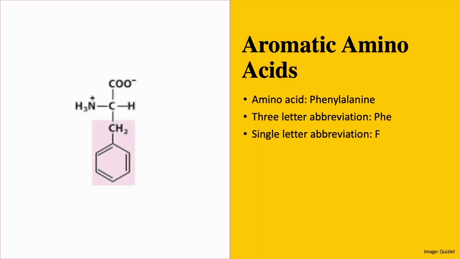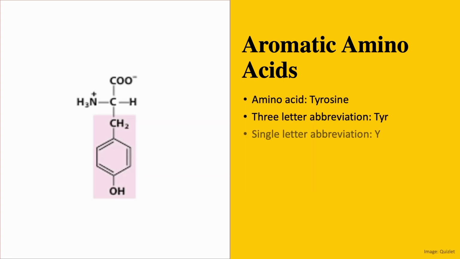Then we have F of the WIFI acronym, and this stands for phenylalanine. This is an easy molecule to remember. If you see an amino acid with just a benzene ring that is attached to the alpha carbon via a CH2 group, then this is phenylalanine.